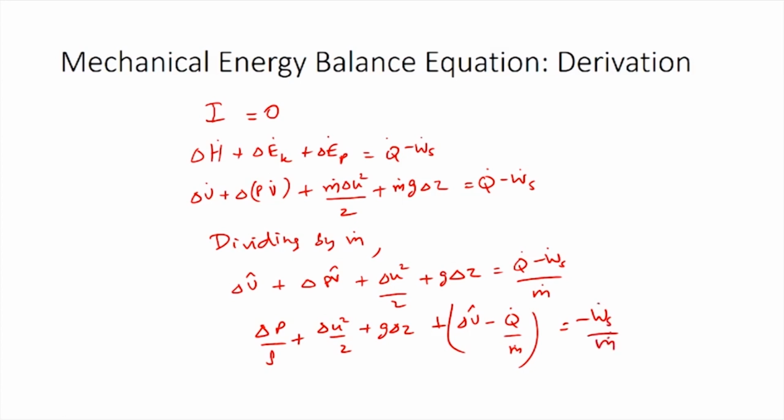What I have done here is delta P times V cap I have converted to delta P divided by rho. V cap is specific volume which is equal to 1 by rho. So, by substituting density in terms of specific volume, we get delta P divided by rho instead of delta P V cap. So, the rest of the terms are the same except for some rearrangements in the equation.